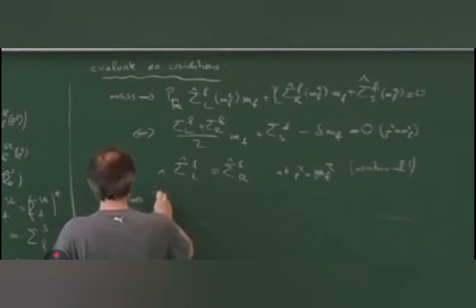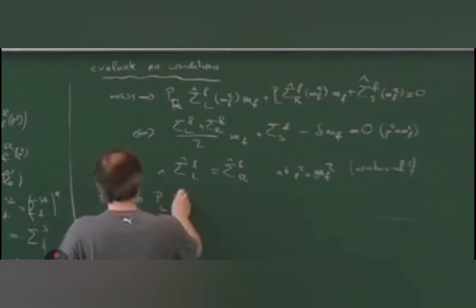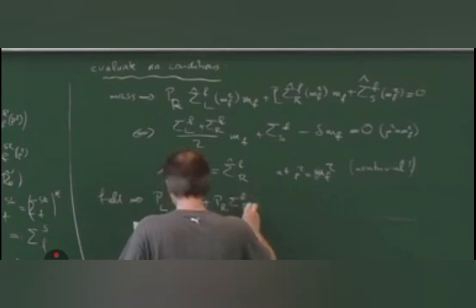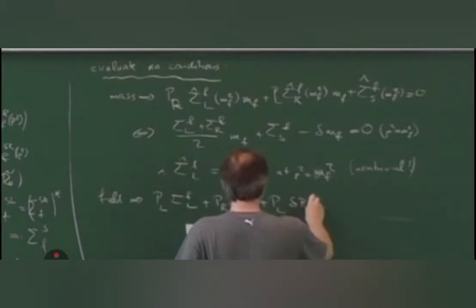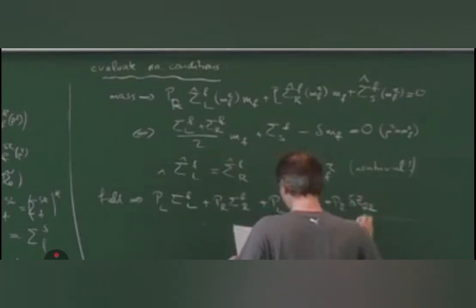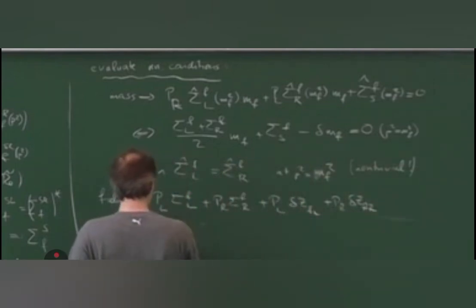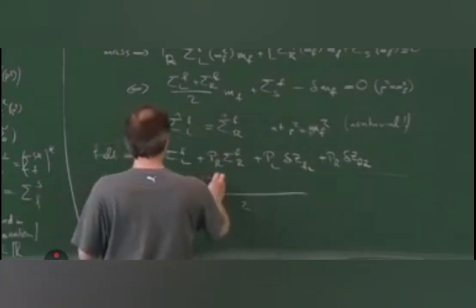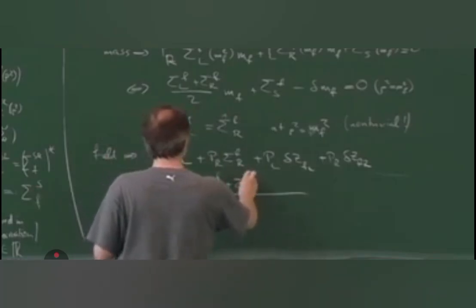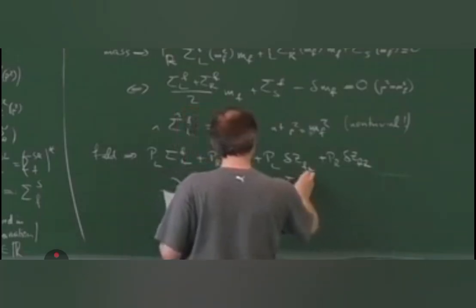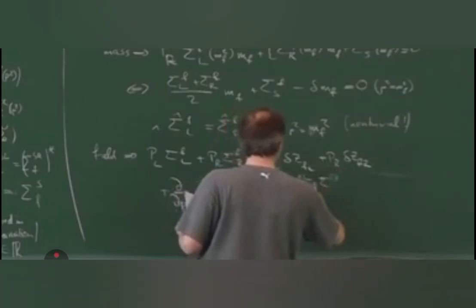Without proof, we obtain p_left times sigma FL plus p_right sigma FR plus p_left times the field renormalization delta Z F left plus p_right delta Z F right, plus the derivative with respect to p square of the following expression, which is a fraction divided by 2 of sigma FL plus sigma FR times the mass plus sigma SL plus sigma SR. That whole sum should be 0.